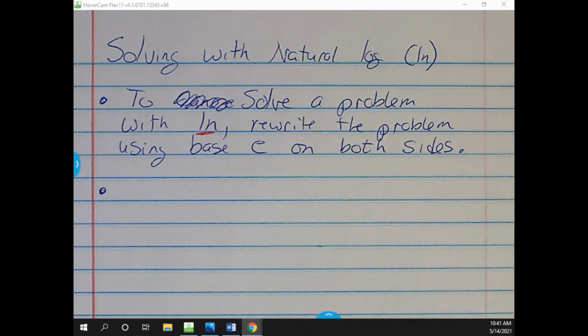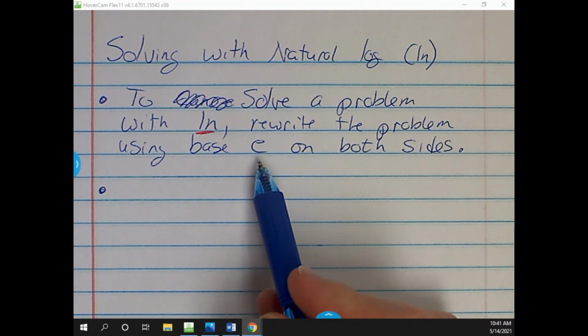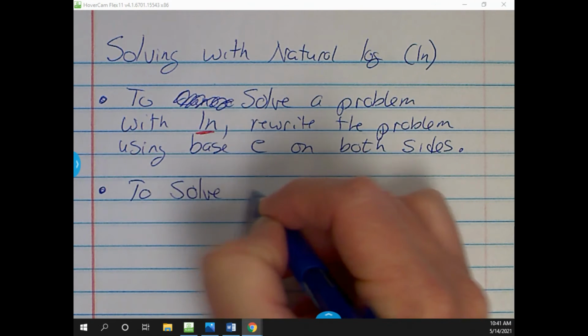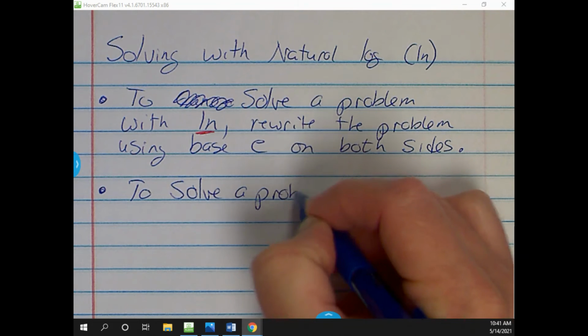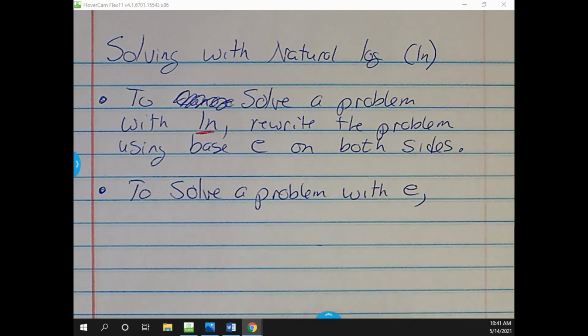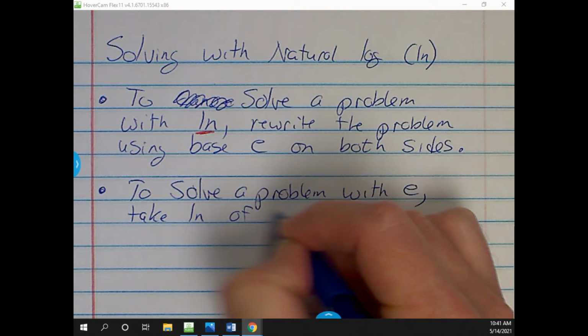The only other thing they can do is if they give you a problem that starts with e. So to solve a problem with e, we're going to take the ln on both sides.